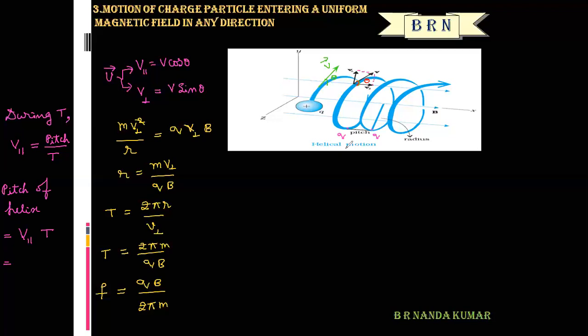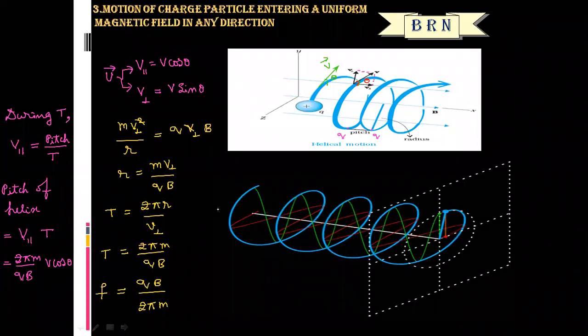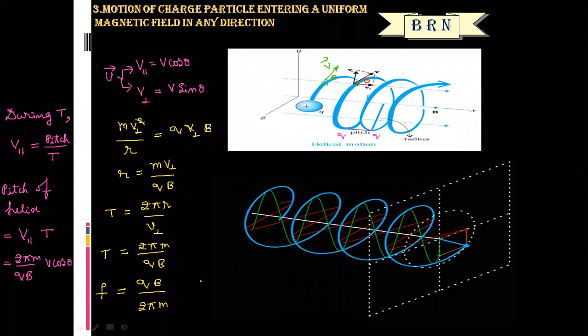That is just the distance traveled by a charged particle during the time interval capital T. So the parallel component is v cos theta, the time period is 2 pi m divided by qB, so pitch is 2 pi m divided by qB into v cos theta. So this is the mathematical expression for pitch of helix.